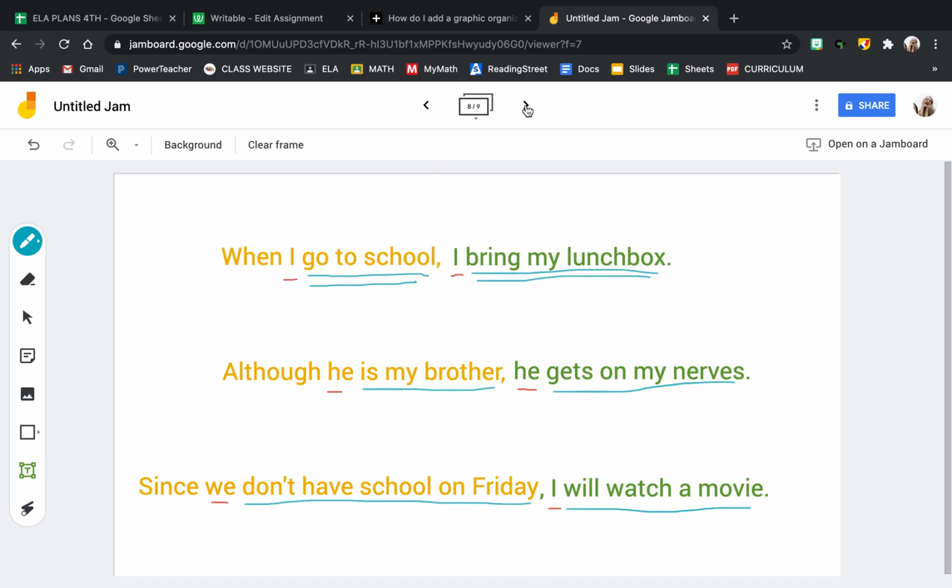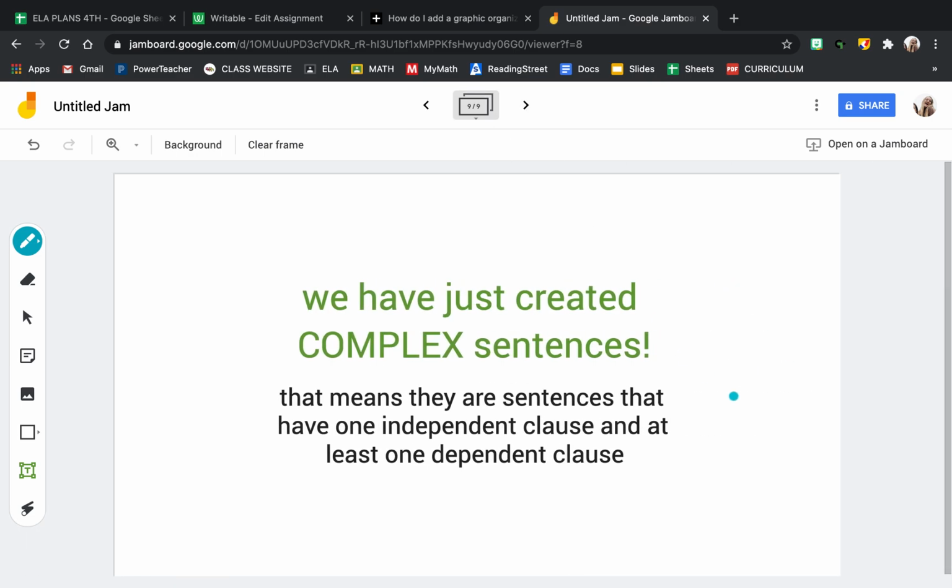Okay? What we have just created are called complex sentences. So you may remember so far we've learned about simple sentences. That's just an independent clause, right? A complete sentence that has a subject and a predicate. We also learned about compound sentences where we joined two simple sentences together with a conjunction, a fanboy conjunction.